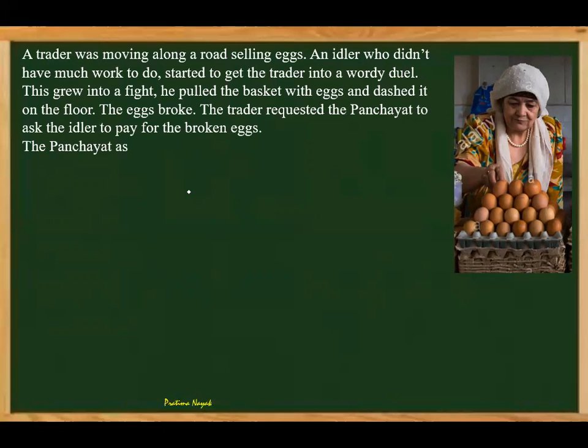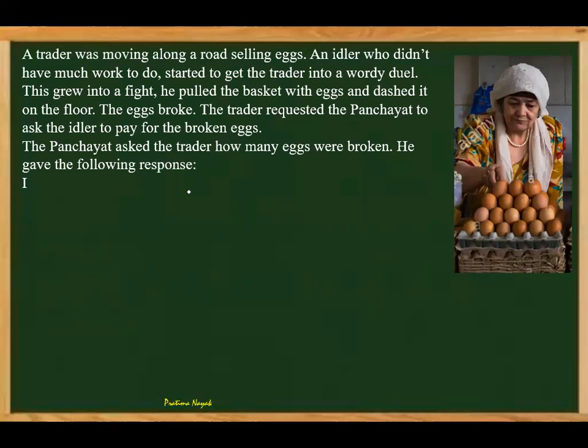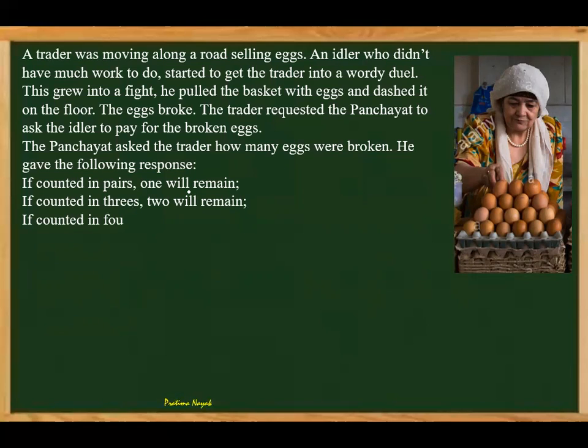The panchayat asked the trader how many eggs were broken. He gave the following response. If counted in pairs, one will remain. If counted in threes, two will remain. If counted in fours, three will remain. If counted in fives, four will remain.